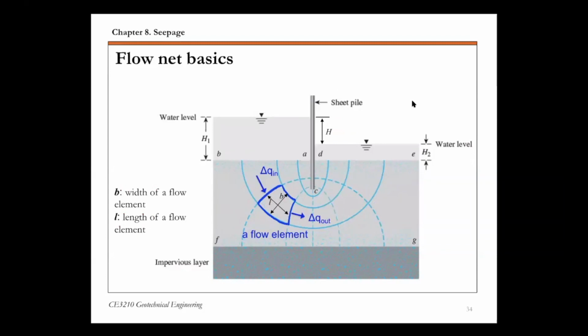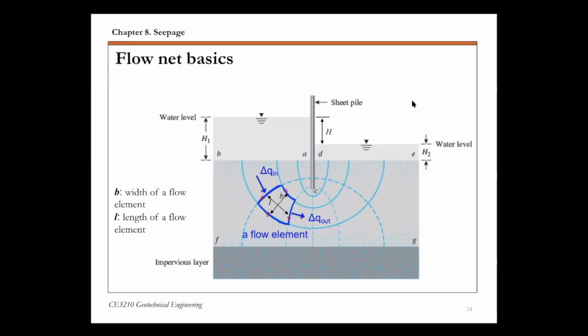And then there's this definition we call a flow element. So as highlighted here, basically it's a square or rectangular shaped, approximately square element that is bounded by two adjacent flow lines and two adjacent equipotential lines.